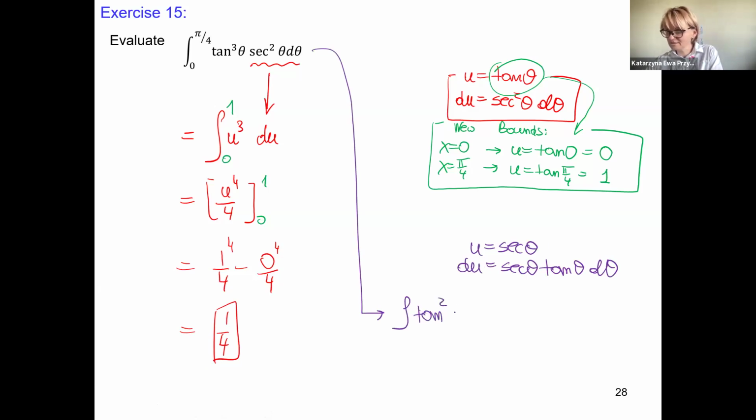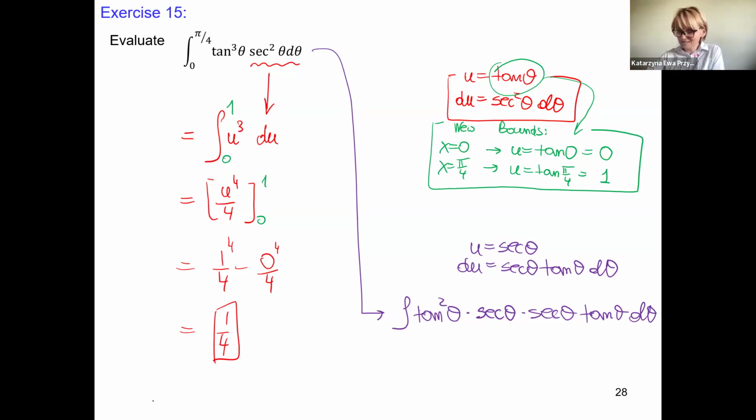We can say tangent square theta, because this is cube, times secant theta tangent theta. Actually, I think it's even possible to solve this way. Sometimes it's not. And of course, we don't have to, just as a practice, to be really confident that we don't blindly follow the rules.